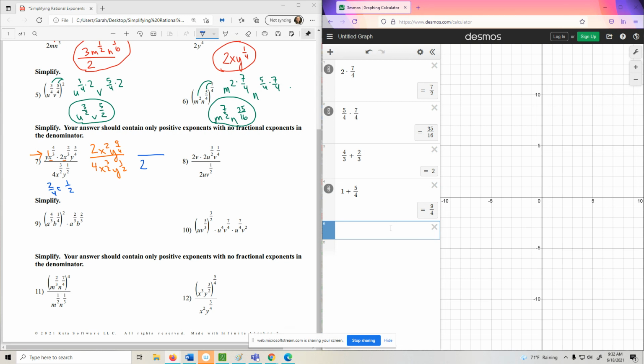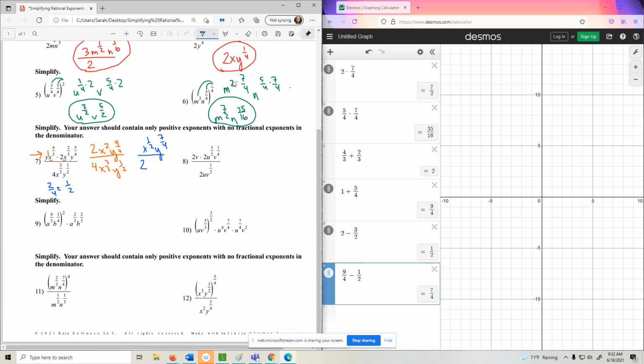So for x, 2 minus 3 over 2 is 1/2. So x to the 1/2 goes on the top of the fraction. Same idea with y's. 9 over 4 minus 1 over 2 gives me 7 over 4. I only see a coefficient, and it's reduced, and one of each variable, so I'm done.